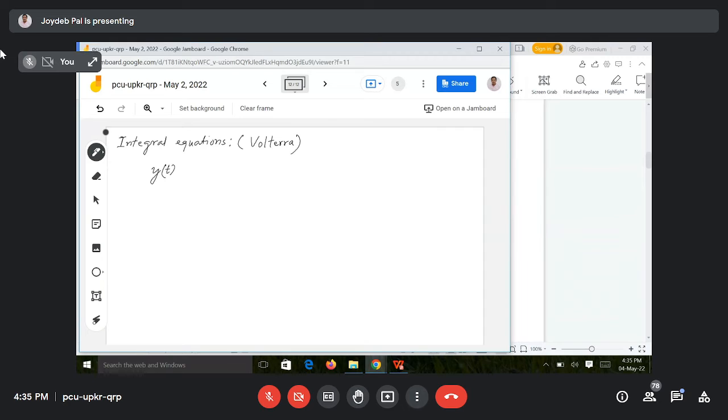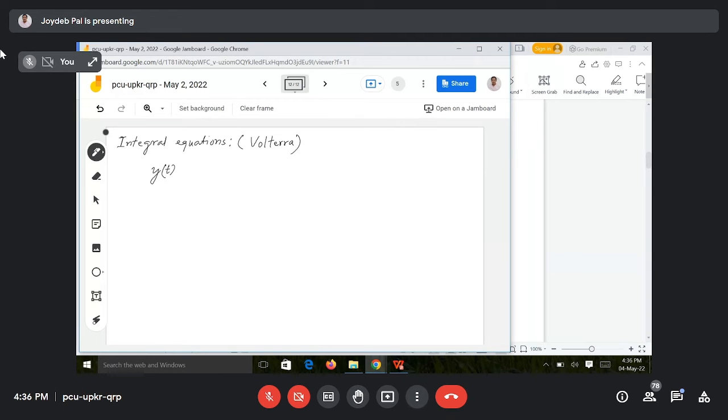y is an unknown variable which depends on t, like in an ODE, dy by dx or dy by dt, y and t are there. So here also it is an equation relating y and t. But the main part is that an equation is called an integral equation if it contains some integration.